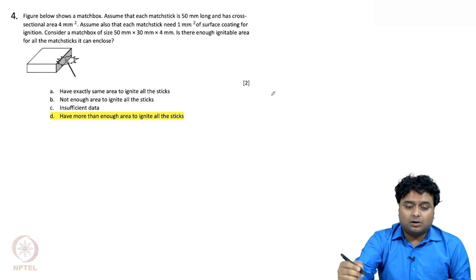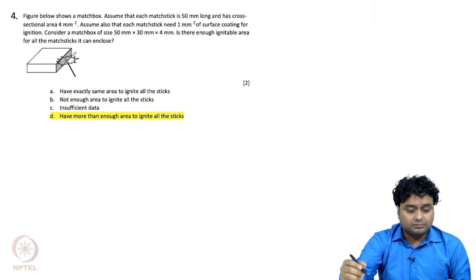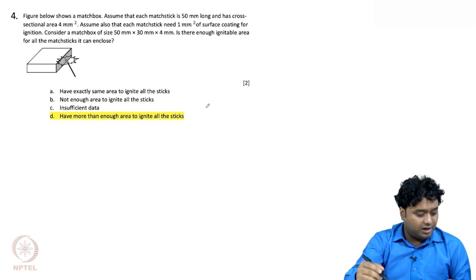Assume also that each matchstick needs 1 millimeter square of surface coating for ignition, meaning on this side of the matchbox we need 1 millimeter square of coating for at least one matchstick. The matchbox size is 50 mm into 30 mm into 4 mm. So the question is: is there enough ignitional area for all the matchsticks it can enclose? You can see that the right answer is yes, we have enough area, but let us calculate that.